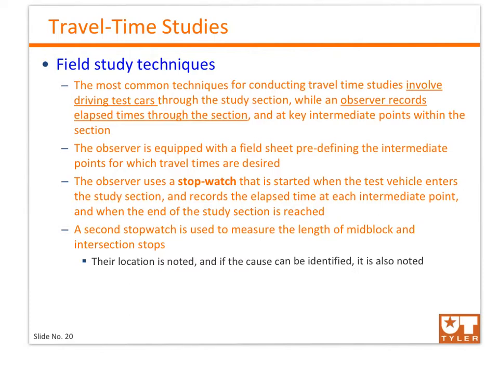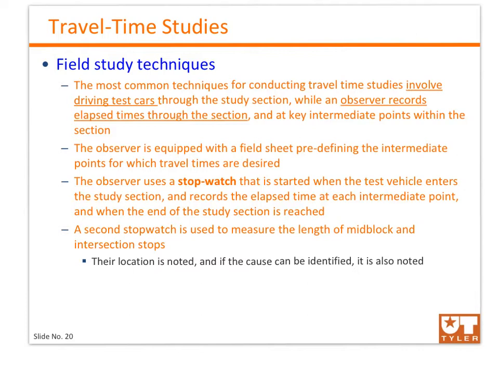We do not have to be at a stationary location like what we used to do for volume studies or spot speed studies. This is the first study we've mentioned that requires a driving test car, with the observer in the car to measure the elapsed time through that section.